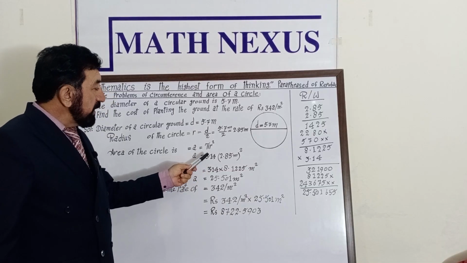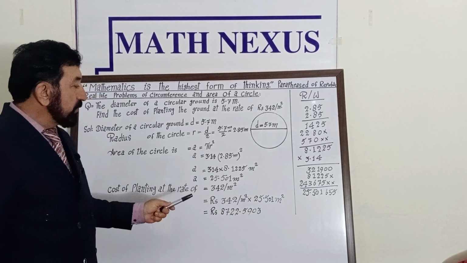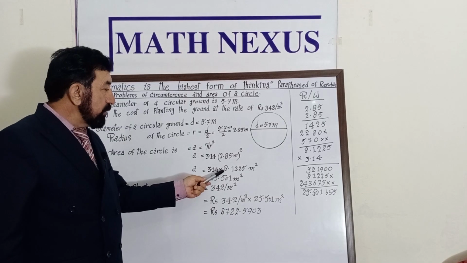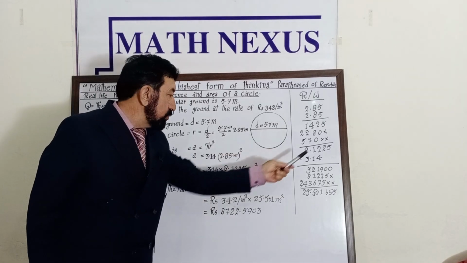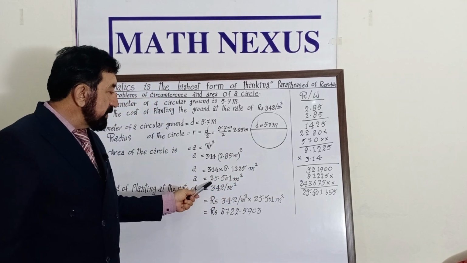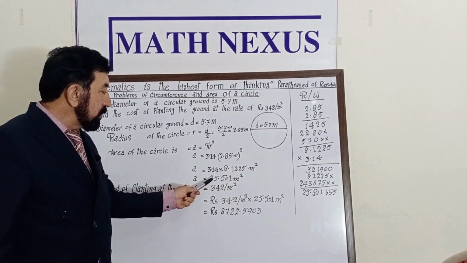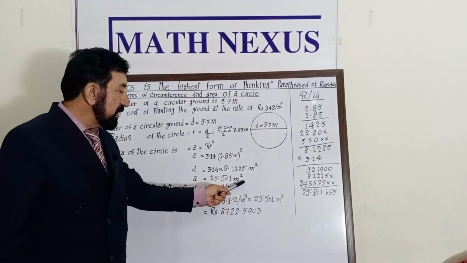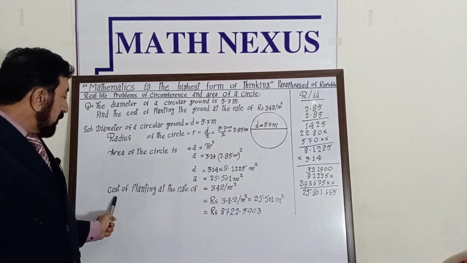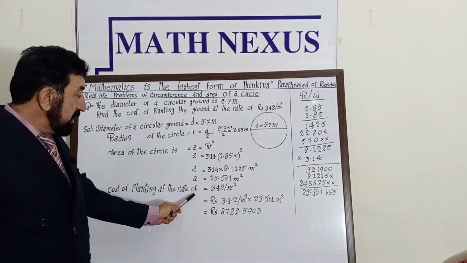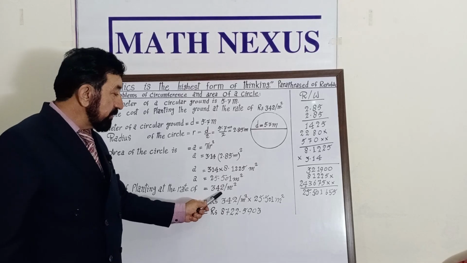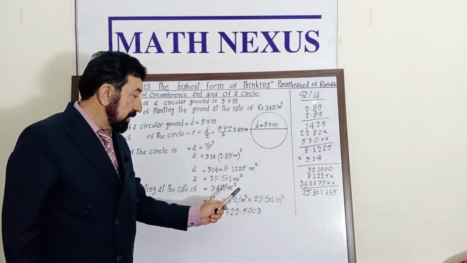And value of pi equal to 3.14. Multiply 3.14 into 8.1225. This is equal to 25.501 meter square. A equal to 25.501 meter square. Now, cost of planting the rate equal to 342 per meter square.